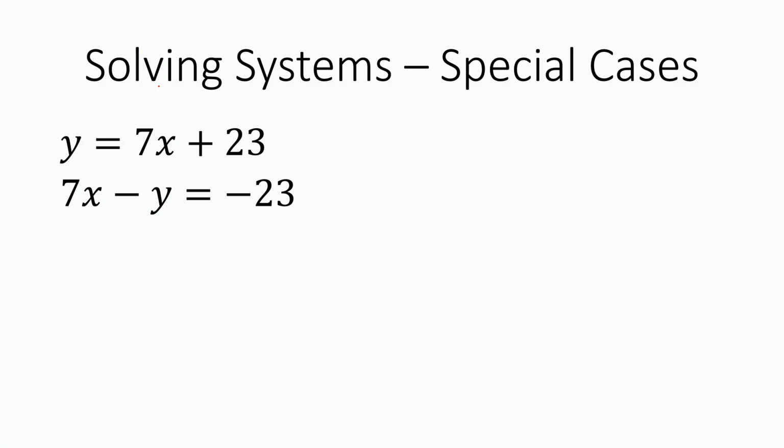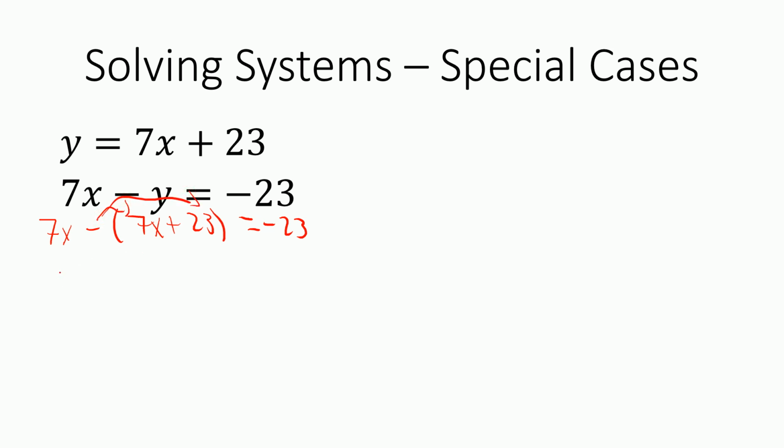So normally when we solve systems of equations, we've gotten a single solution. But that doesn't always happen that way. So here's one example of a system, and we're going to set up for substitution. We have one in slope-intercept form, so we're going to substitute. So I substitute 7x plus 23 in for y, and then I distribute this negative one.